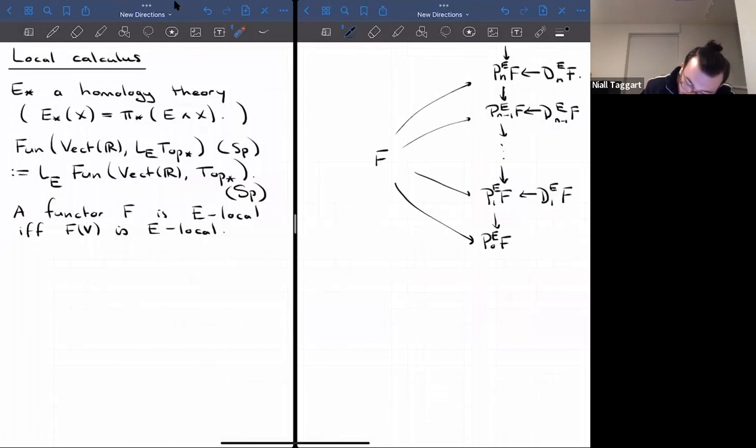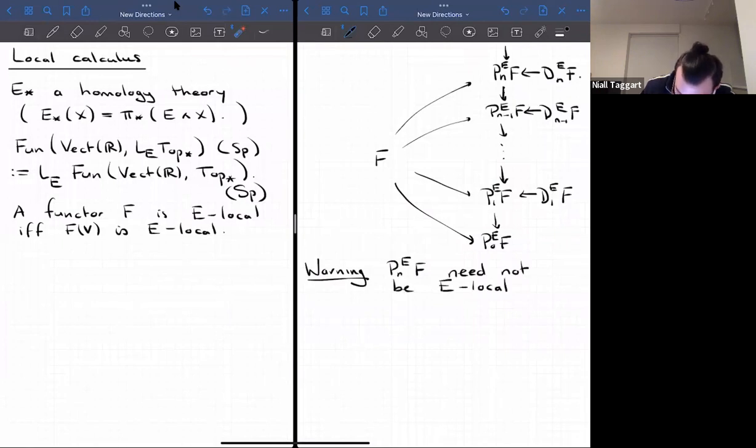Maybe as a warning, this E-local approximation need not actually be E-local, but it is in many examples.